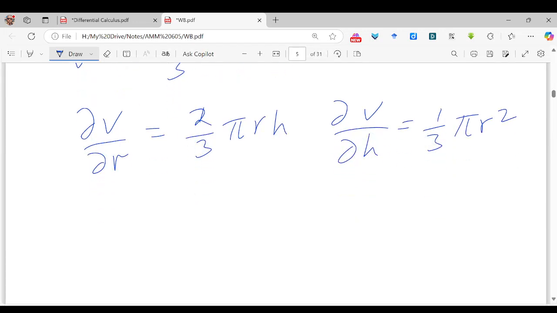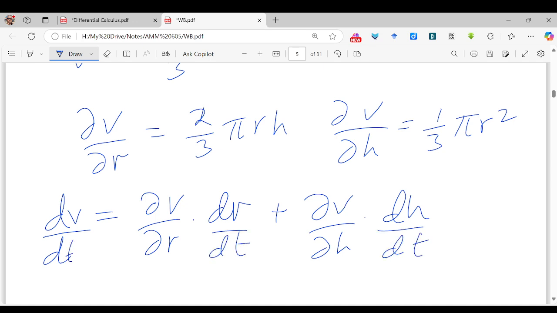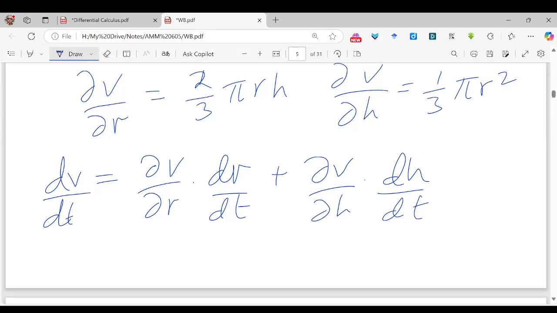So the total derivative dV can be expressed as the partial derivative dV/dr times dr plus the partial derivative dV/dh times dh. So when we divide through by dt, we get the rate of change of V per unit change in time.